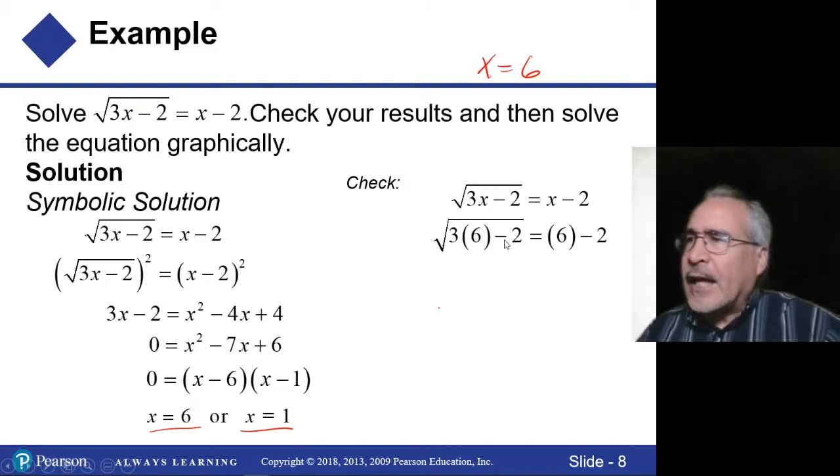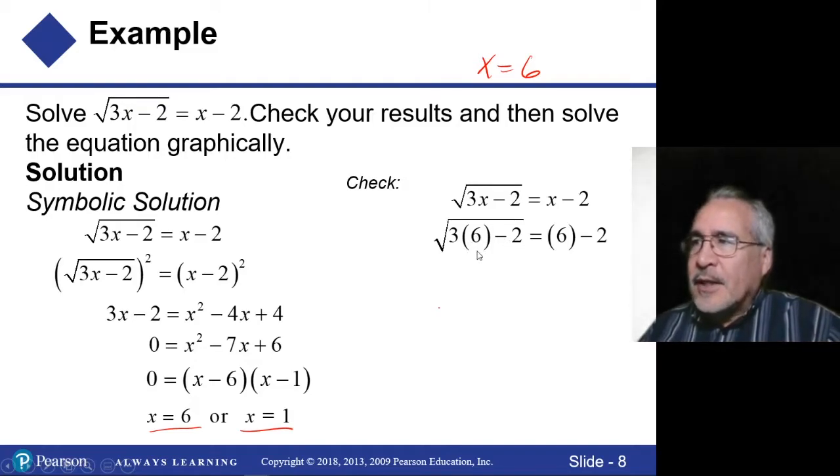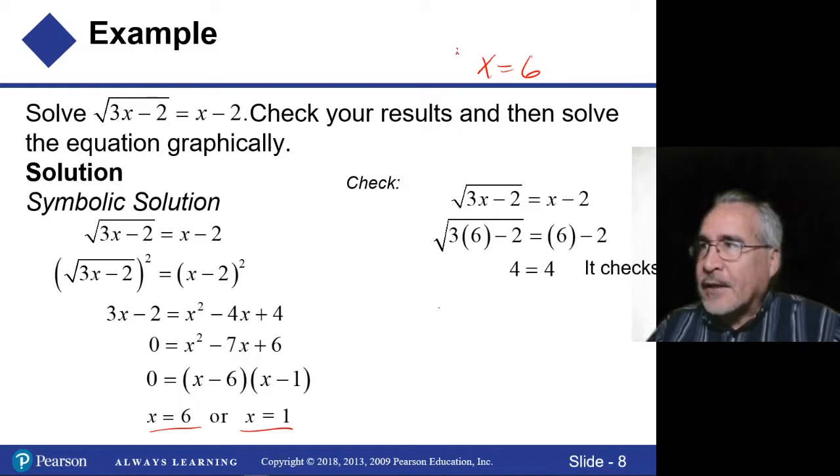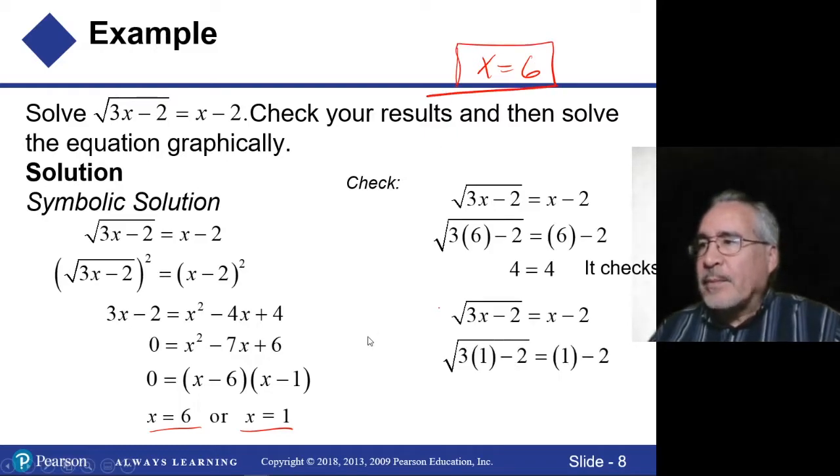I just don't like liars. So we do this, the 6, you'll see, when you do both sides, that's 18 minus 2 is 16, that's 4. This is 4, 4 equals 4. 6 works, we saw that graphically. But watch what happens when we plug in the 1. On this side, we're going to get 3 minus 2, which is positive 1. The other side, we ended up with negative 1.